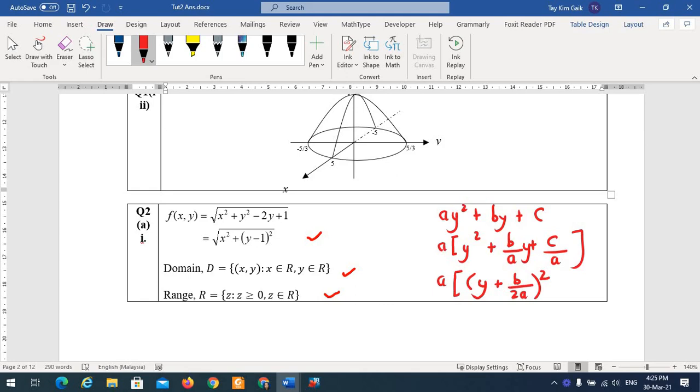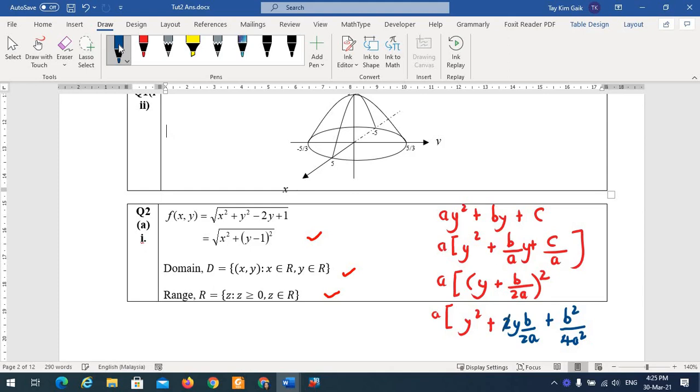When you expand back, you should get y squared plus 2 times y times b over 2a, plus b squared over 4a squared.